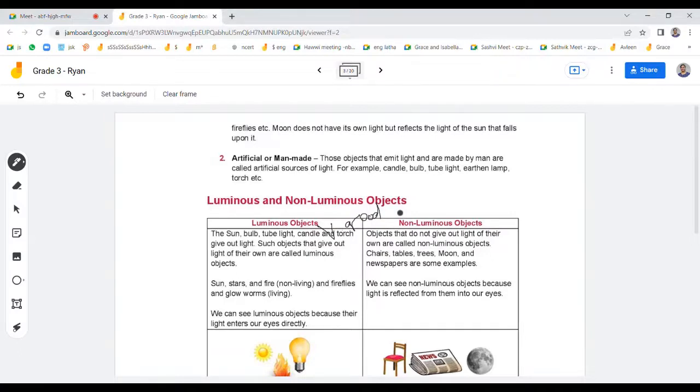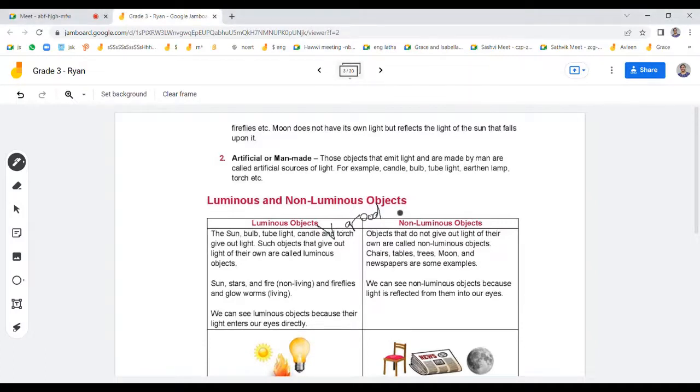Which property do you call this? Is it the third property, in all directions? No. We can see luminous objects because their light enters our eyes directly.